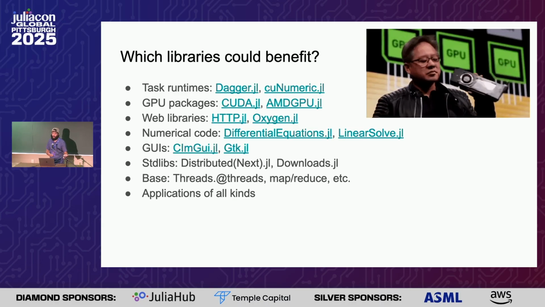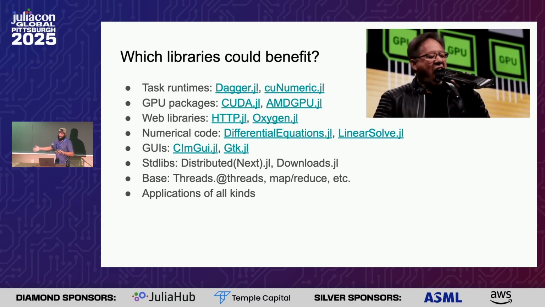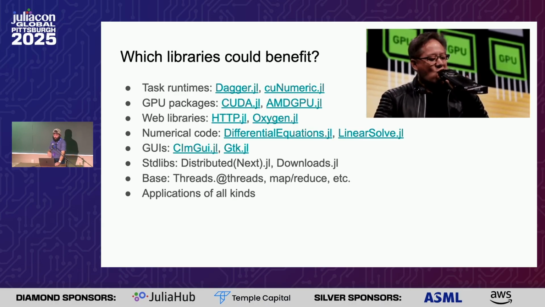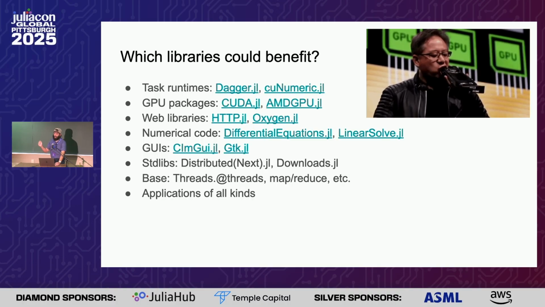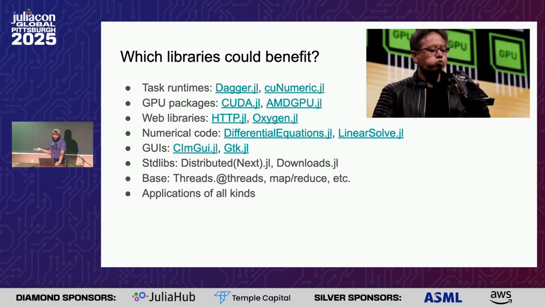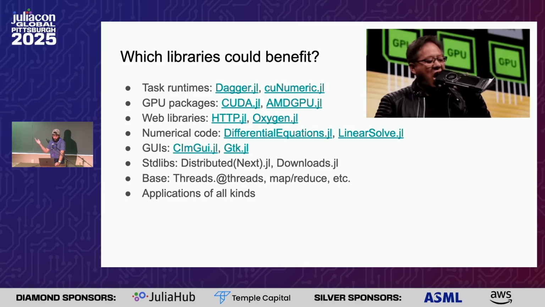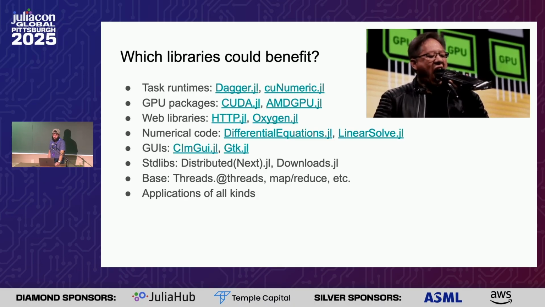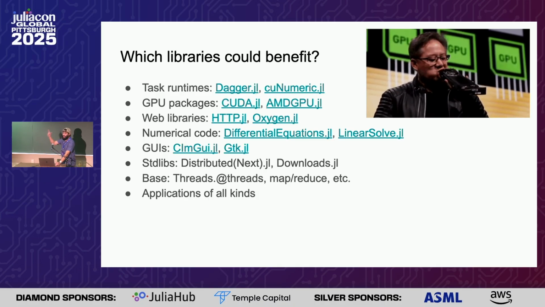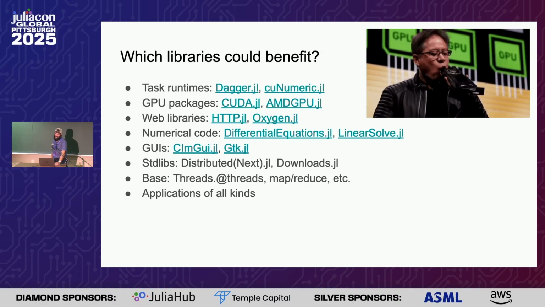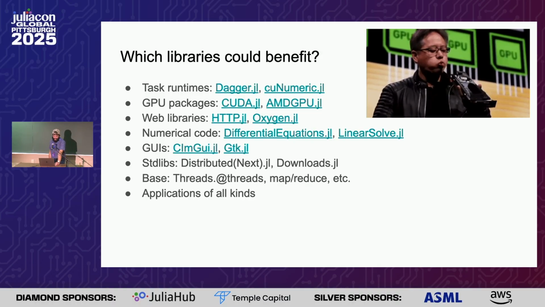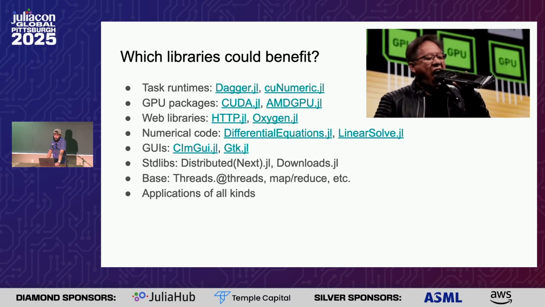It would be great if I could stop it maybe a few seconds in and be like, that's good enough. Et cetera, et cetera. Base standard libraries, of course, Threads.add, threads. We want to be able to cancel it if it runs for a long time. Distributed next, James, we need to talk more about that. And really applications of all kinds.